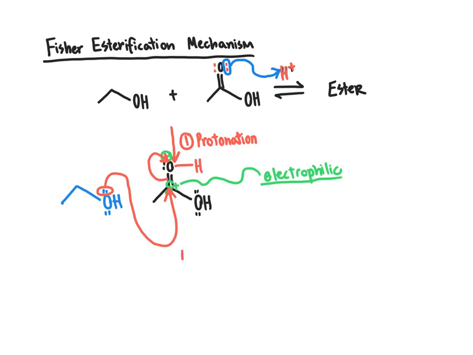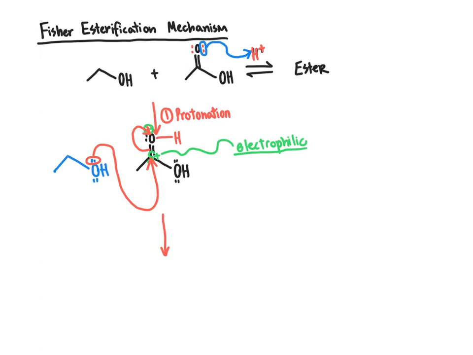We saw that happening when we were doing the reaction of Grignards with carbonyl groups, where the Grignard reagent would act as a nucleophile, attacking the electrophilic carbonyl group. At the same time, the pi bond went up onto the oxygen. So similar thing here, except rather than using a Grignard reagent as our nucleophile, we're using an oxygen atom as our nucleophile here. So let's go ahead and draw out the intermediate that would result from this.